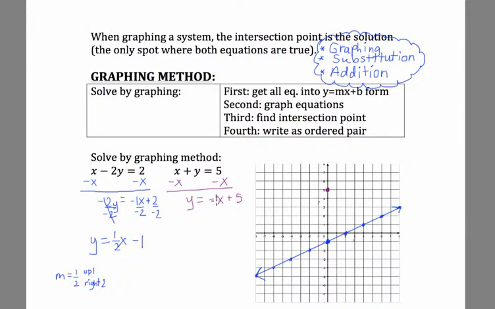My m number is negative 1. You might know that an m number of negative 1 means that I will go downhill at a 45-degree angle, so you could just draw that in. Or you can make your m number into a fraction by putting a 1 under it. This means the rise is going to be negative 1, or it goes down 1, and right 1.